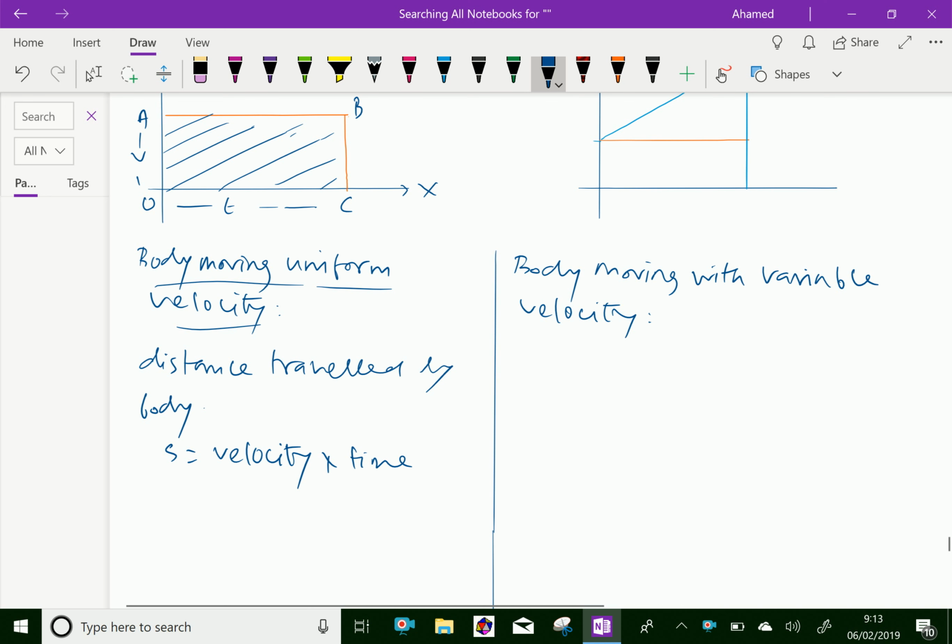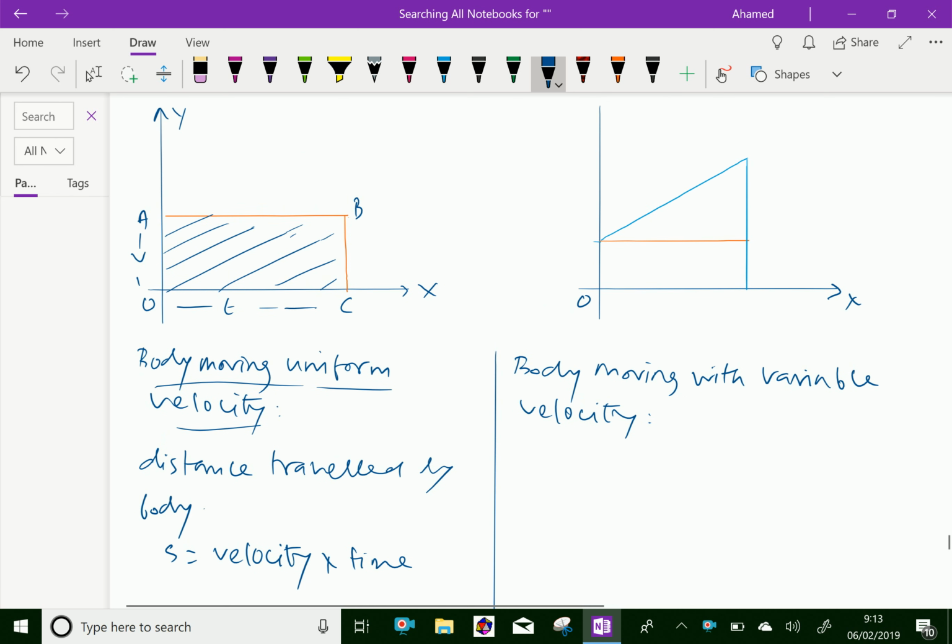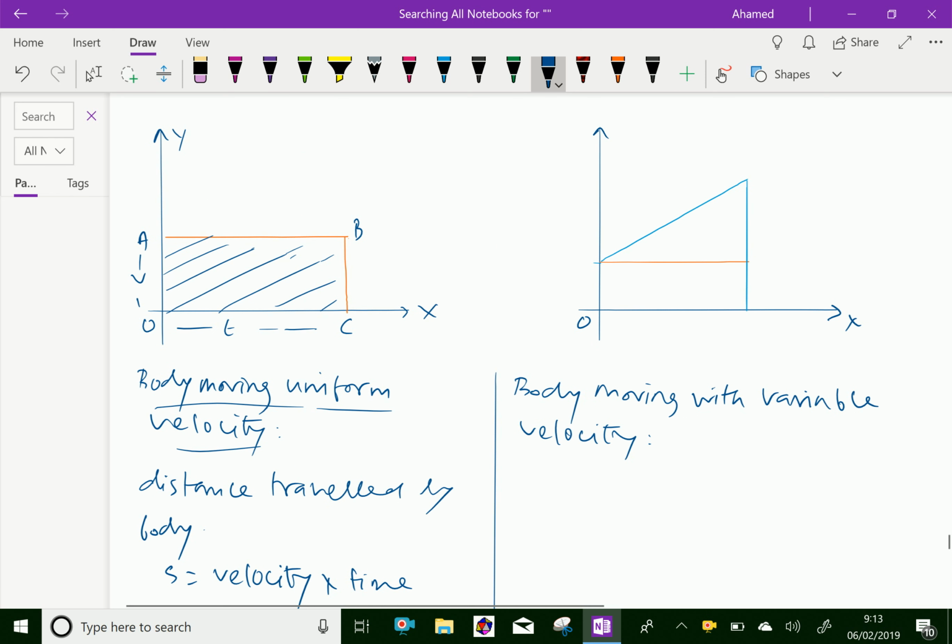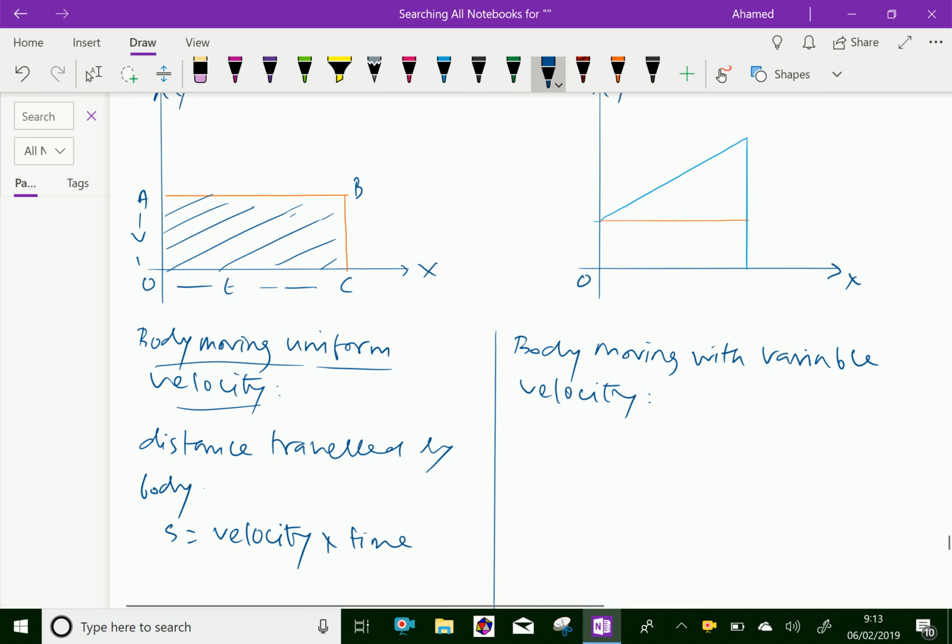Here this is OX, this is the OY axis. The horizontal axis represents time, the vertical axis represents velocity.